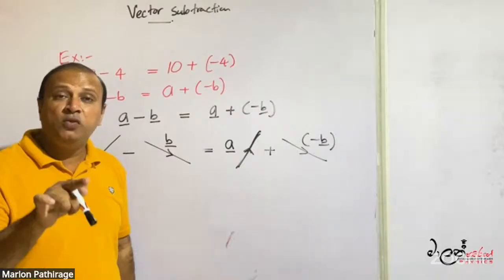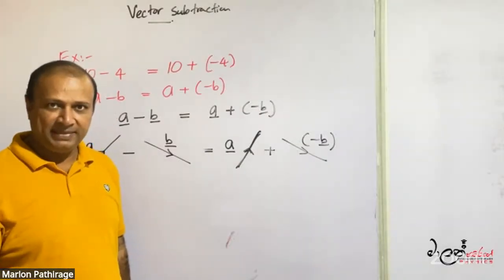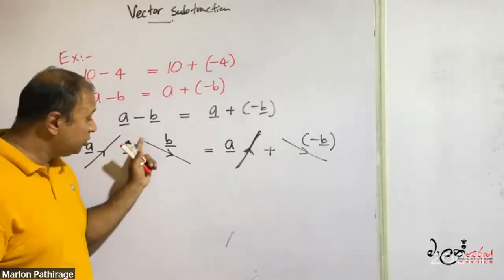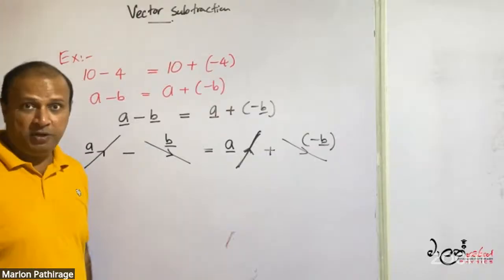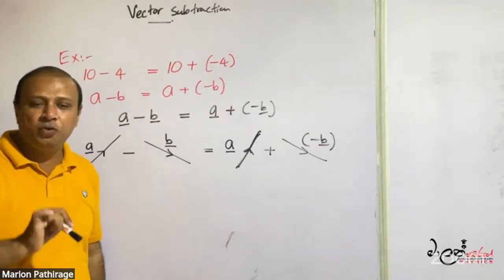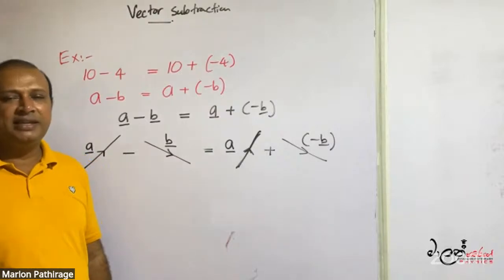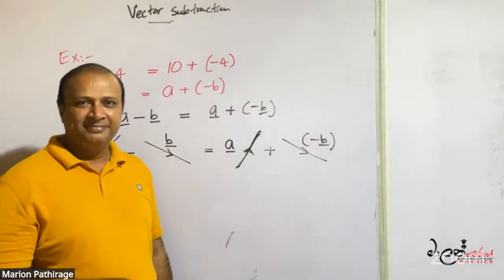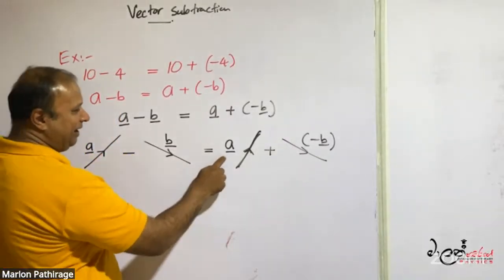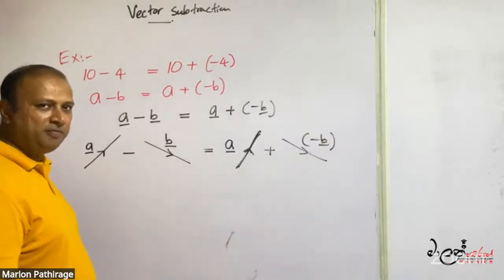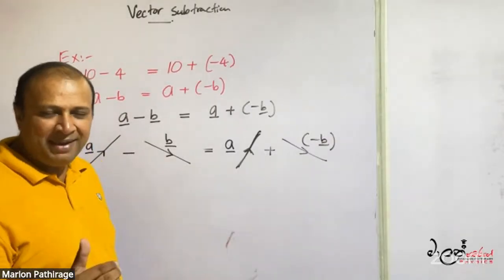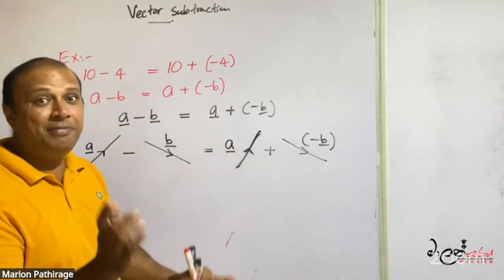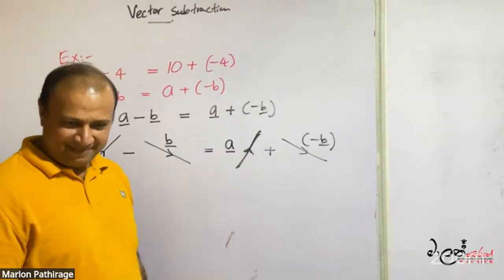How to evaluate a negative vector? If it is minus B, how to evaluate its negative vector? Minus B means the magnitude is equal, but the direction should be the opposite direction.